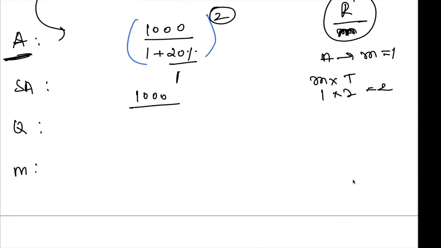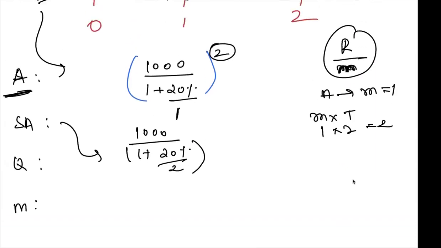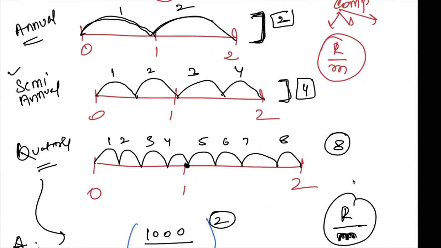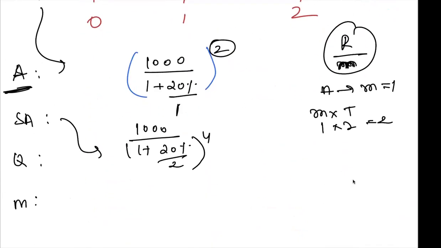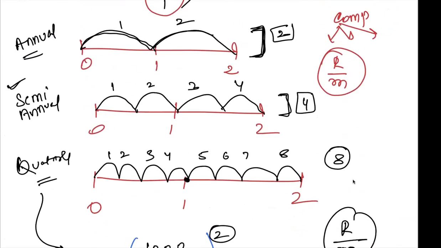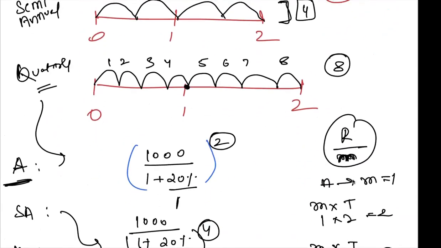Similarly, $1,000, for semi-annual, what will be the case? 1 plus 20% by 2. And how many times is compounding happening in 2 years? 4 times, so raised to the power 4. Or you can say M times T: semi-annual, M is 2, and we are doing 2 years, so 4. Either you can do it like this or like this. Similarly, quarterly, 1000, 1 plus 20% by 4 raised to the power 8, since compounding happens 8 times.